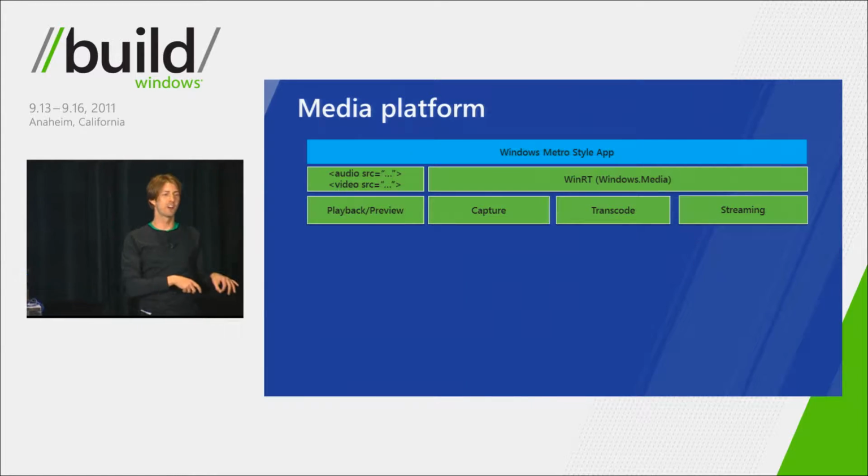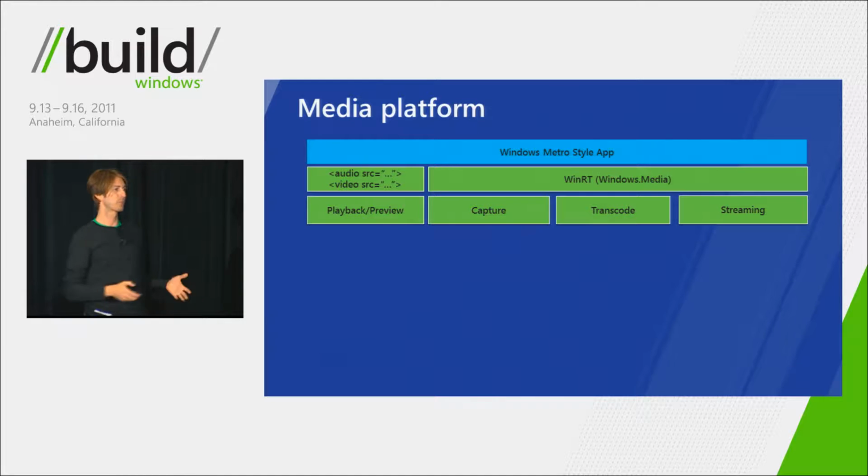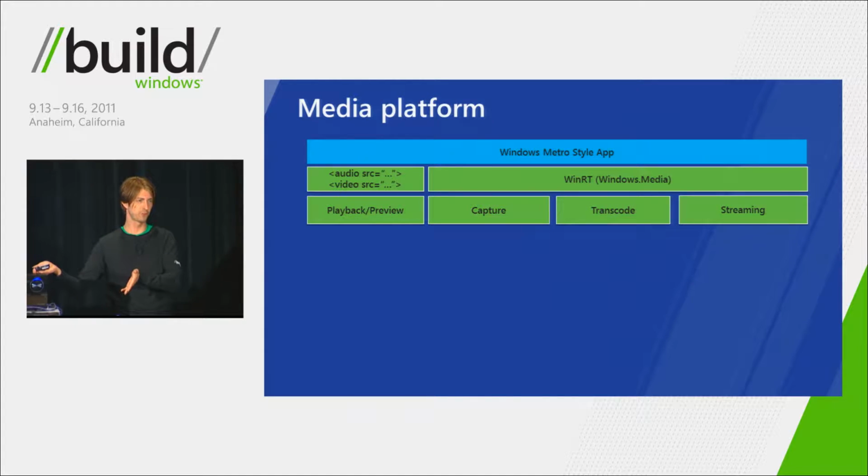In the context of C++, C#, Silverlight, that media element that you've become accustomed to using is a very natural experience when you're writing Metro-style applications and you want to do playback. If you're used to using audio and video from HTML5, it's equally natural, right? So from a playback perspective, the way that you do playback, it's the same. But then there's also these additional pieces of functionality that we add under the Windows runtime.